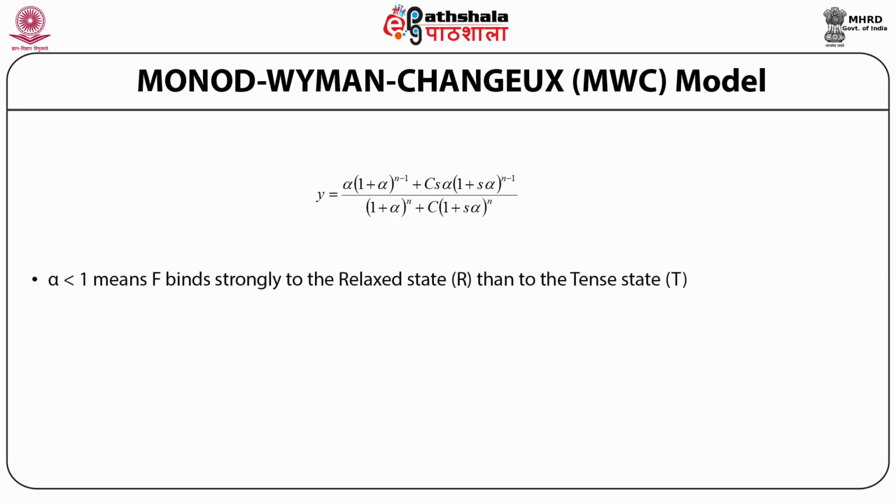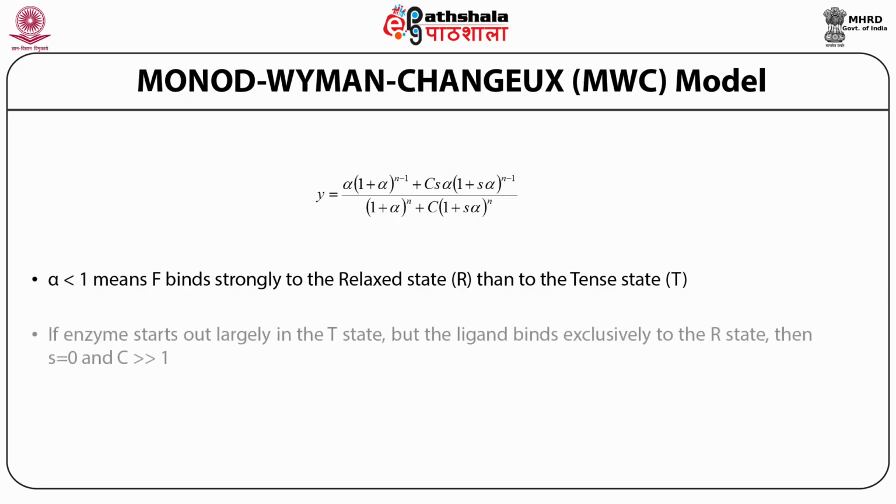Suppose the ligand binds strongly to the relaxed state, what does that mean? That simply means alpha is less than 1. And if we suppose this enzyme starts out largely in the T state but the ligand binds exclusively to the R state, that means S is equal to 0 and C is quite a lot greater than 1.